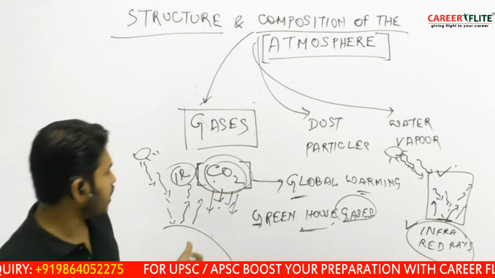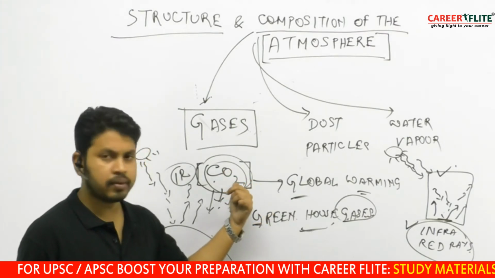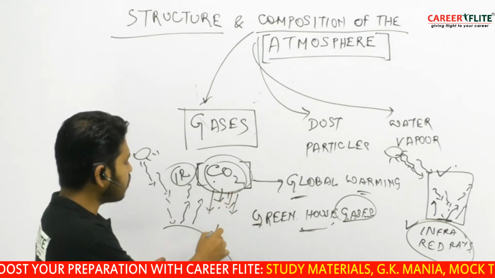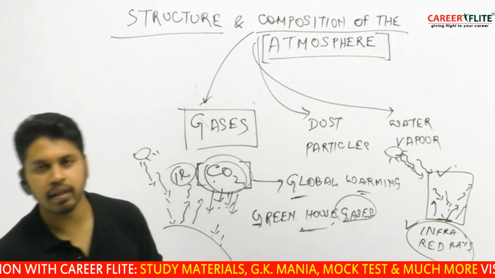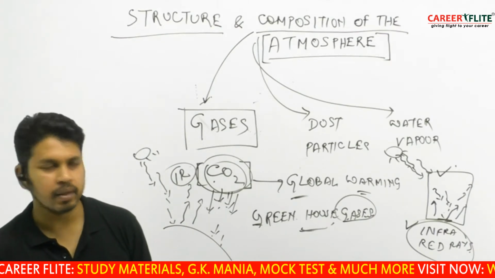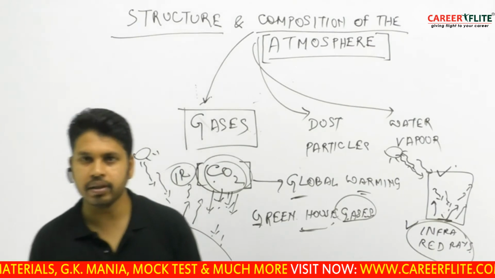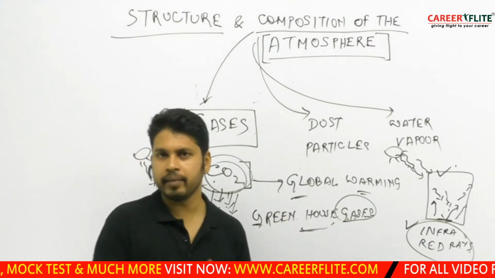First, these gases absorb the infrared portion from the terrestrial radiation. They absorb it, and next they release it. They emit it towards the surface of the Earth, and because of that the temperature of the Earth increases. Because of that, global warming takes place. The only reason global warming takes place is that the infrared radiation is absorbed by these greenhouse gases and reflected back to the surface of the Earth.